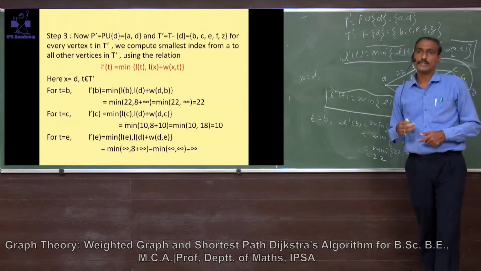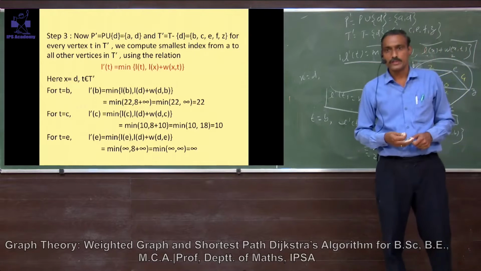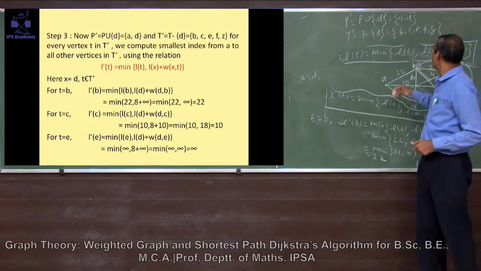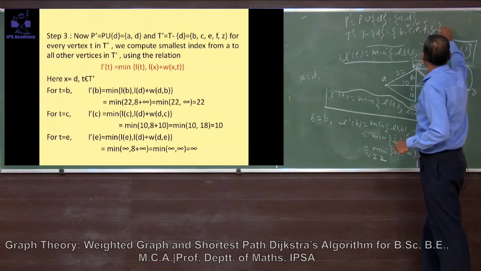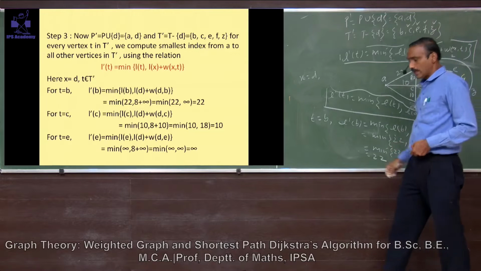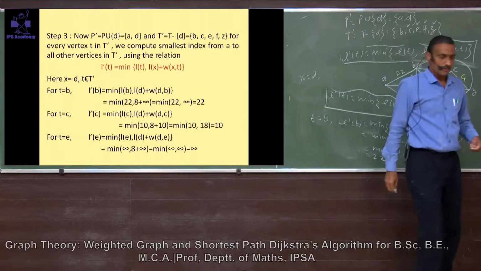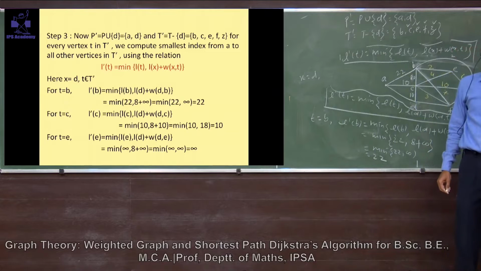Similarly, we have to find the index of all other vertices of T'. That means we have to find for c, for e, for f, and for z. Directly for c, t equals c here.